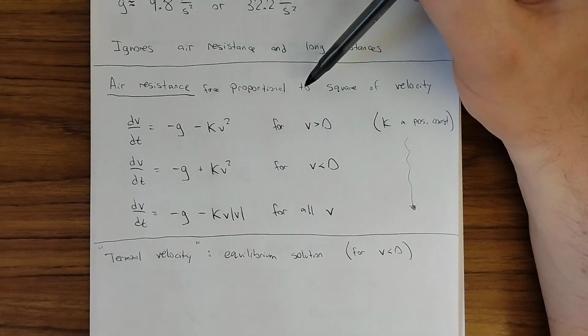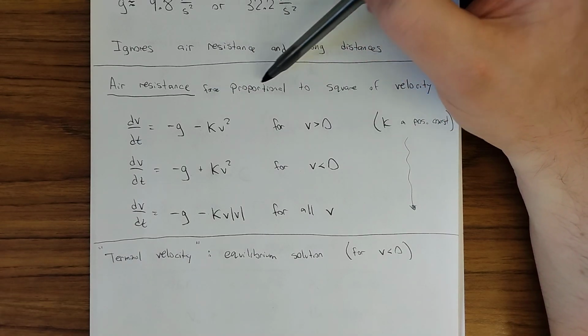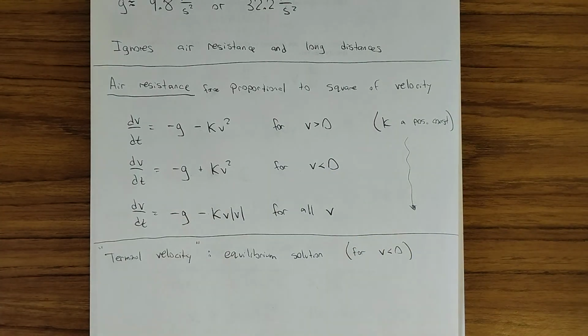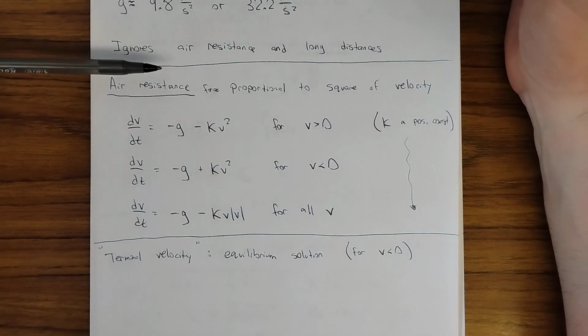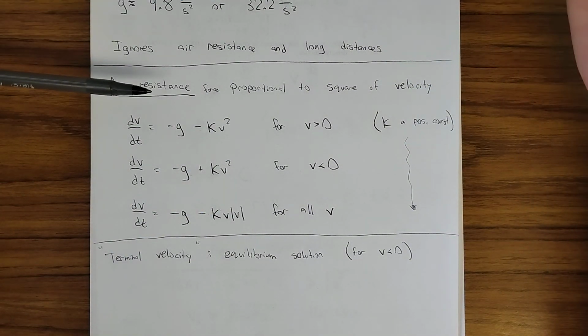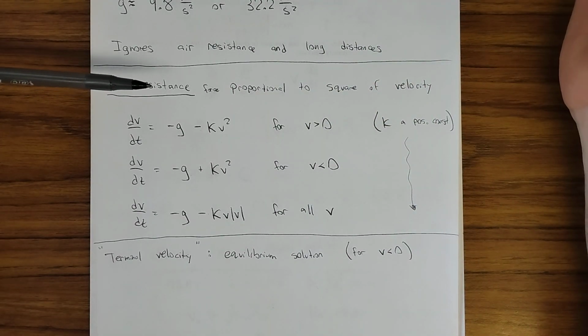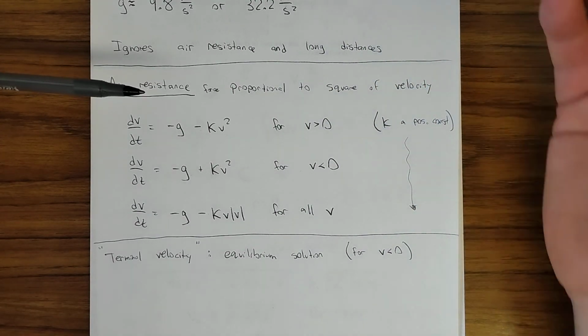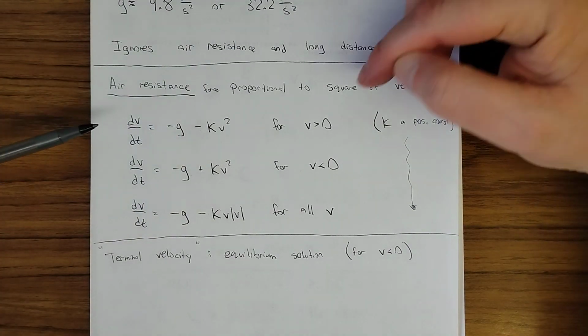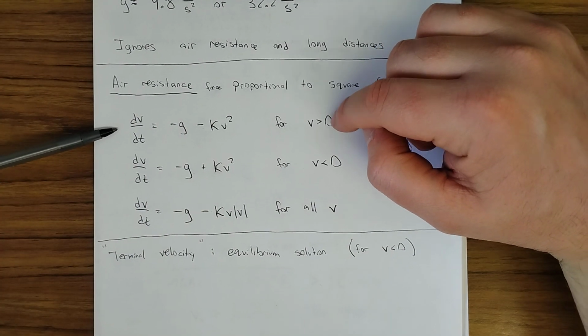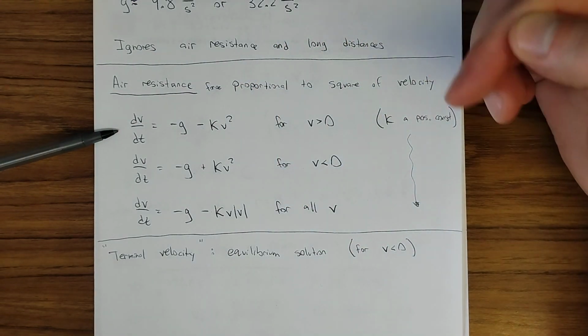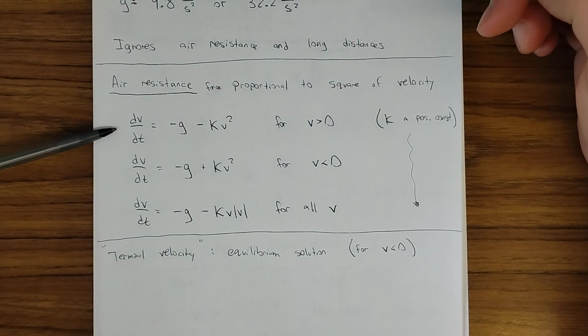Air resistance, roughly speaking, introduces a force that's about proportional to the square of velocity. And, of course, air resistance is just in the opposite direction of whatever you're traveling. Air resistance has the effect of slowing you down, whether you're moving up or down. So if velocity is positive, air resistance is going to introduce a force in the negative direction.